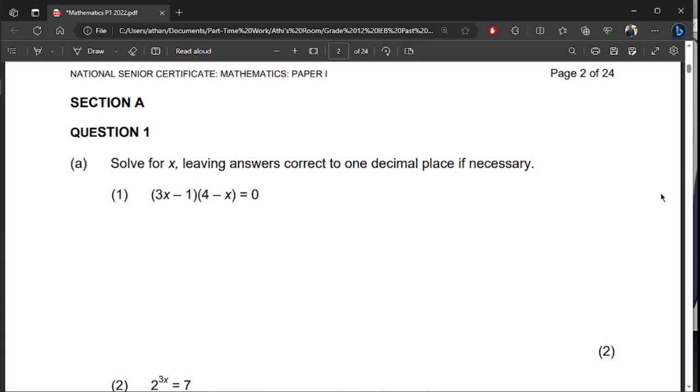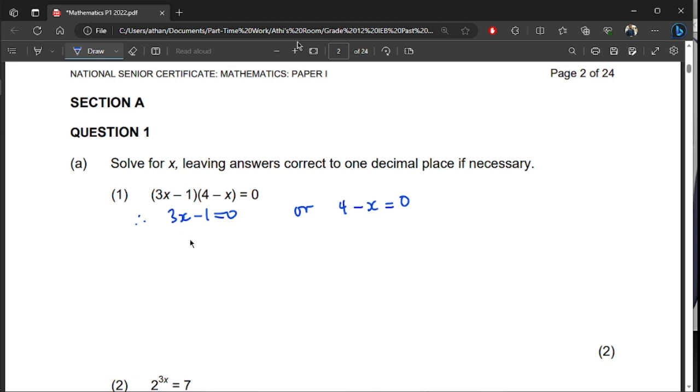Section A, question 1. The question is so clear. Solve for x, leave answers correct to one decimal place if necessary. In order to solve for x in question A1, you can already see that the equation is in the form of factors. So we just apply the zero law rule, whereby we say 3x minus 1 is equal to 0, or 4 minus x is equal to 0.